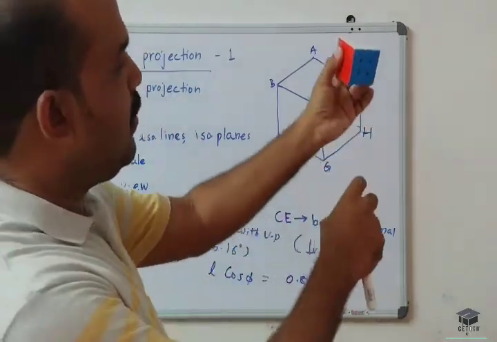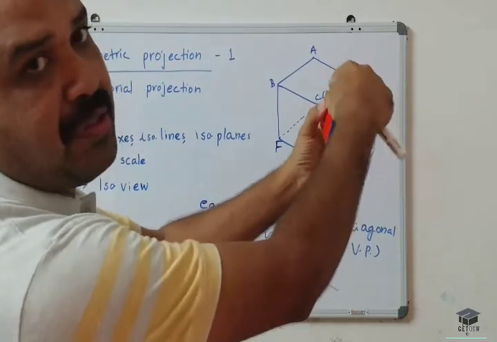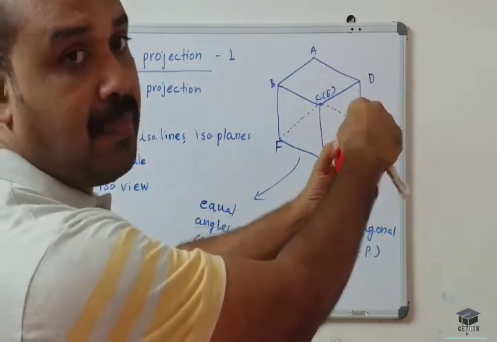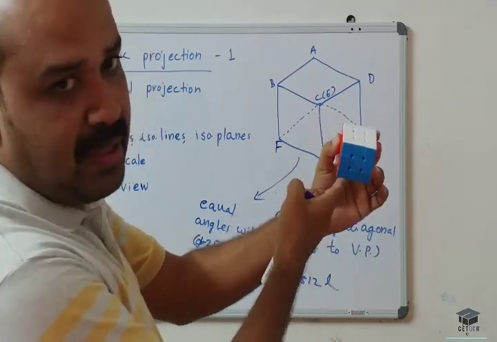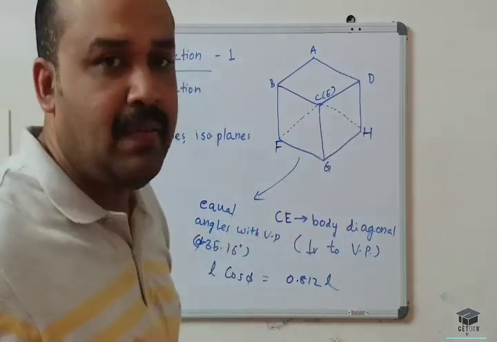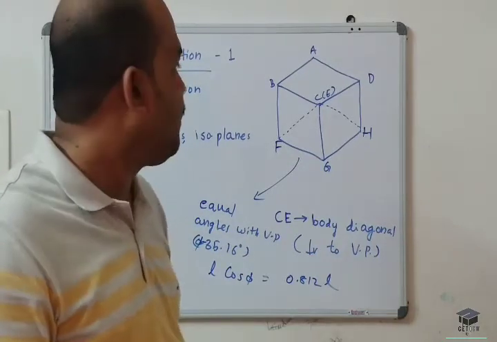For example, this line is parallel to this line, so it is an isometric line. Similarly, this is an isometric line. Any line parallel to an isometric axis is called an isometric line.